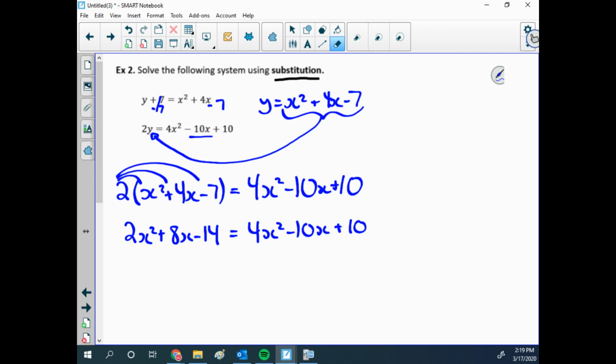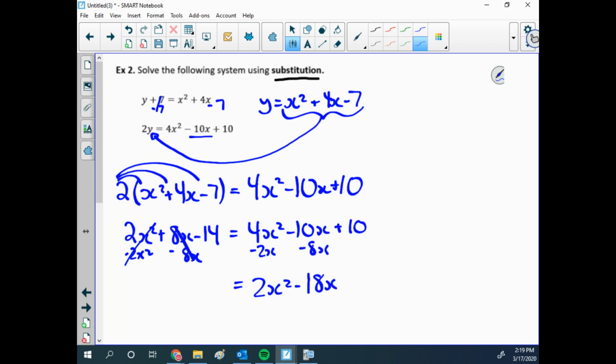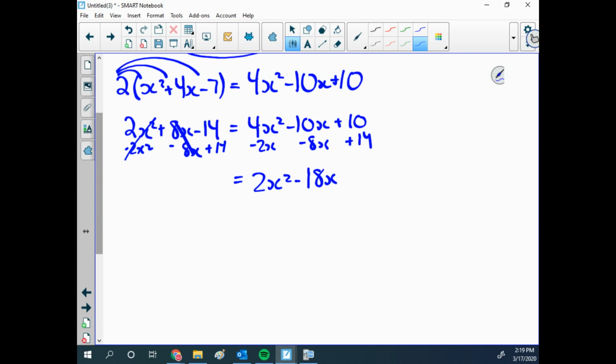So I'm going to subtract 2x squared, subtract 2x squared. That's going to give me 2x squared minus 8x minus 8x, so that's going to give me a negative 18x. And add 14, add 14. So this will give me a positive 24.